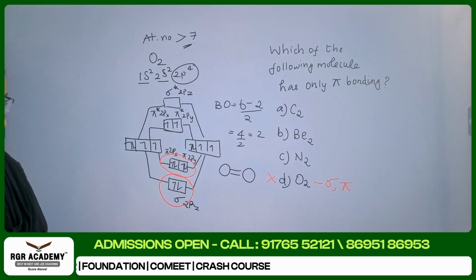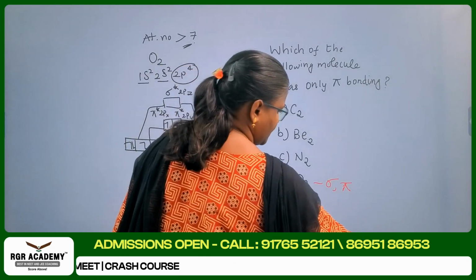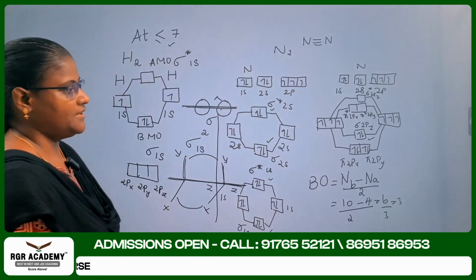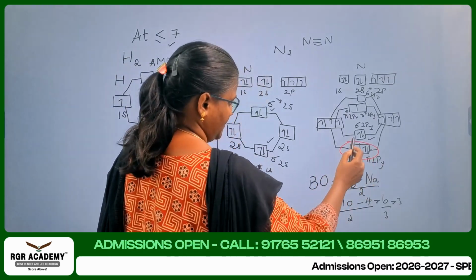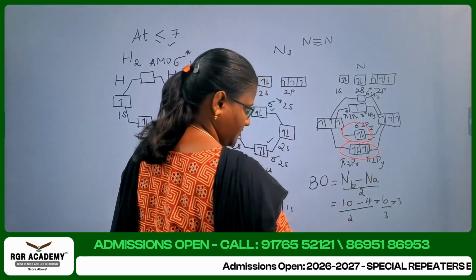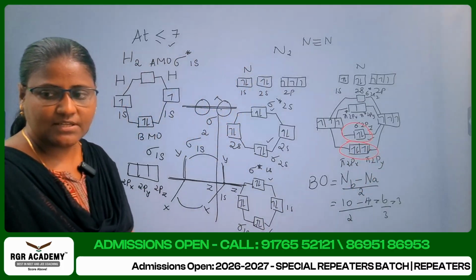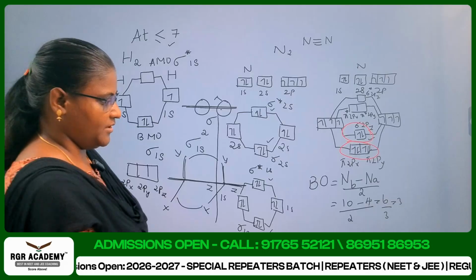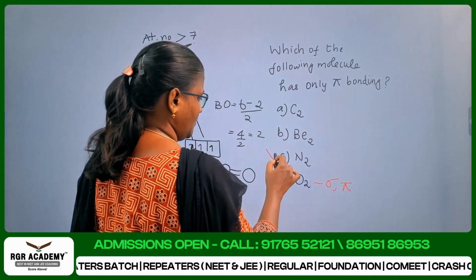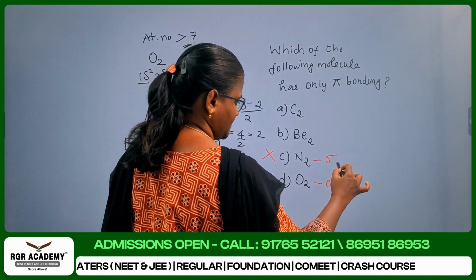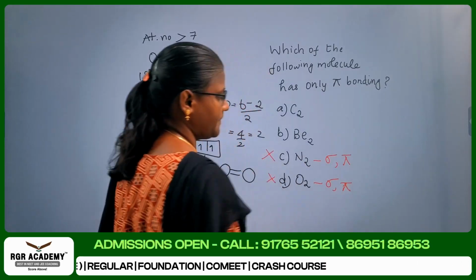What happens to nitrogen then? You can see here, the pi orbital is completely filled and the sigma orbital is also completely filled. So it has sigma bonding as well as pi bonding. So this is also a wrong option because it has both sigma as well as pi.